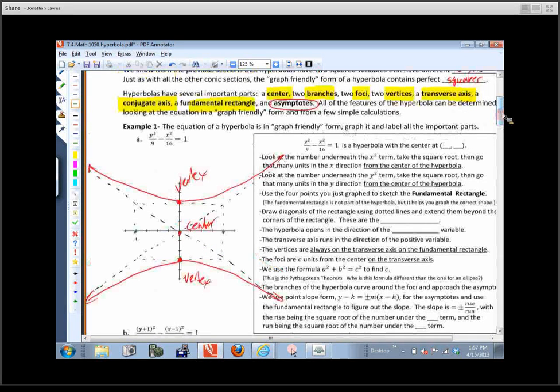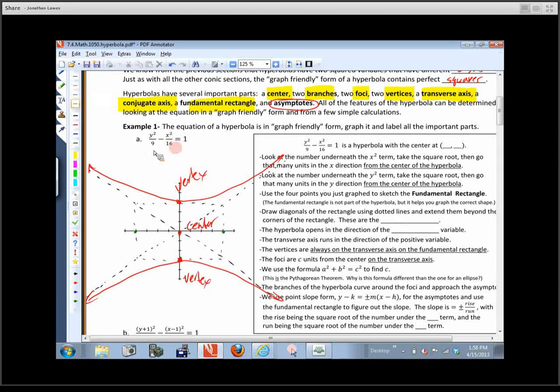Is there any vocabulary that we've left off here? Okay. We need foci. Remember what I said about foci. Foci are always inside the curved part of the conic section. So they're going to be in here, up inside that curved part, and down here, down inside that curved part. We want to figure out how far it is inside. And here's the cool part about this.